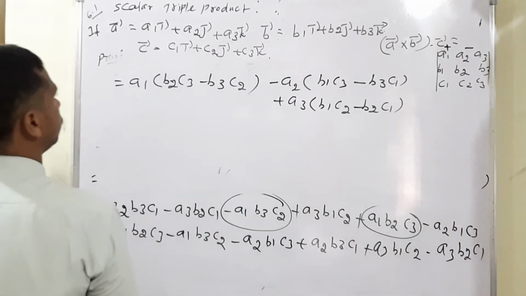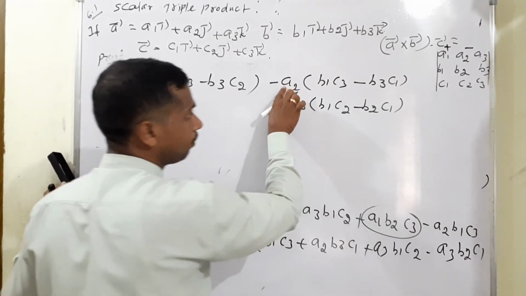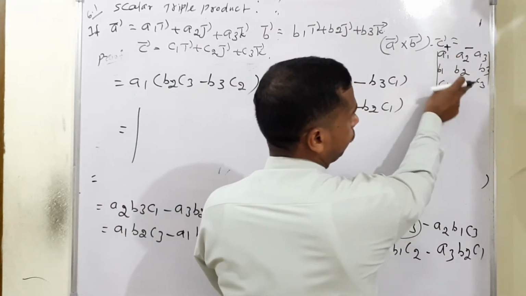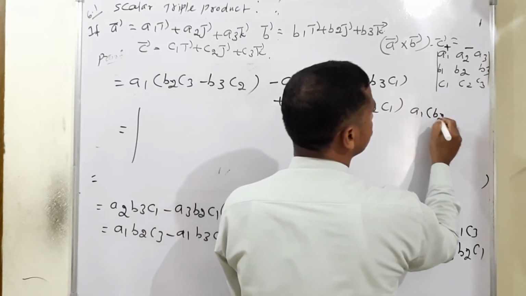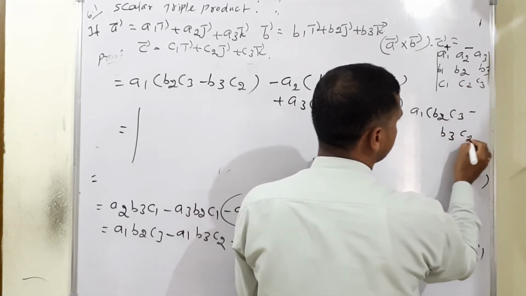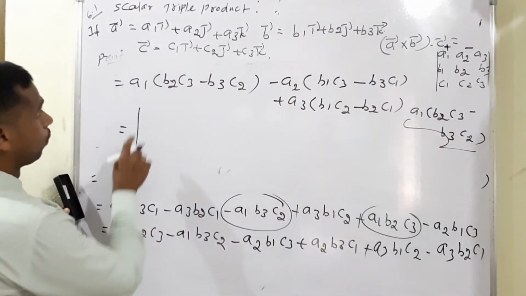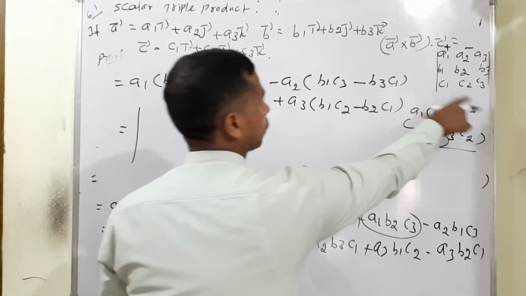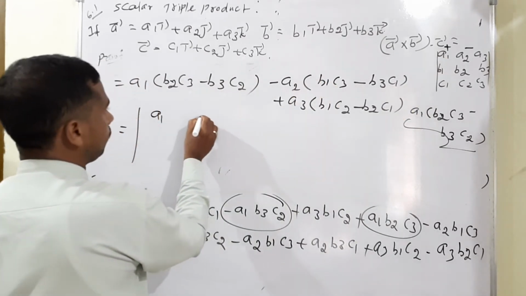So if you rewrite for the matrix term, look at there, A1, A2, but the minus we already know, if you remove the bracket it means plus A1 into. This is the first condition, A1 into B2 C3 minus B3 C2. So A1 into bracket of B2 C3 minus B3 C2. Instead of this whole term we can write only A1. The next condition also, minus term will come, I will write it A2 only.